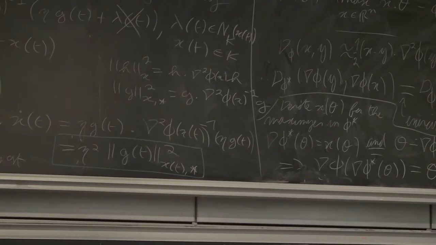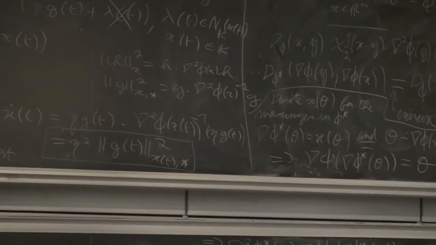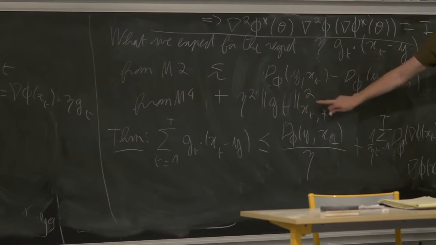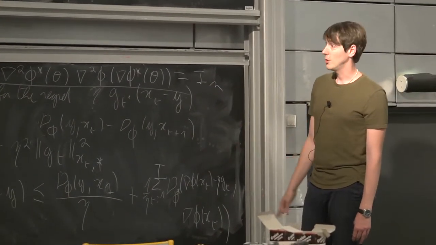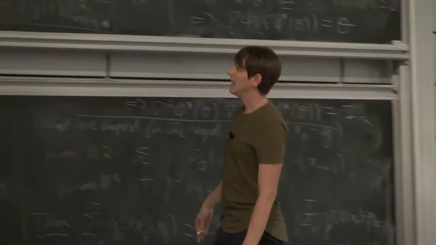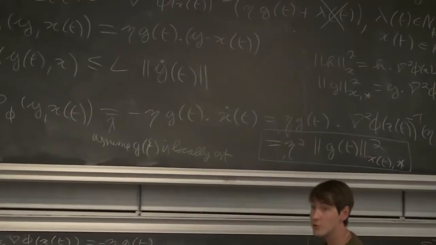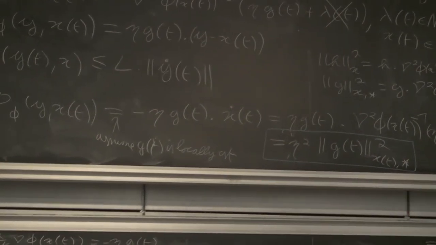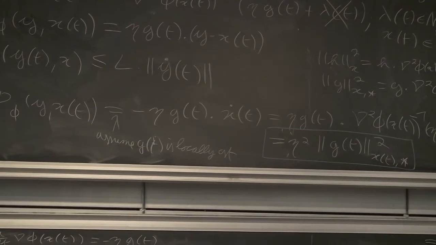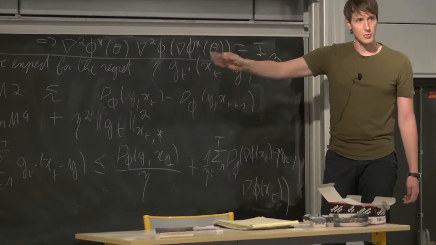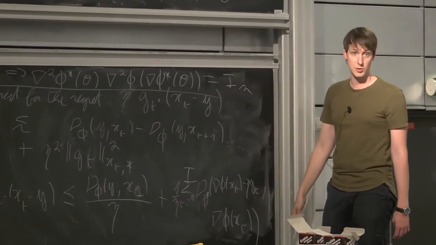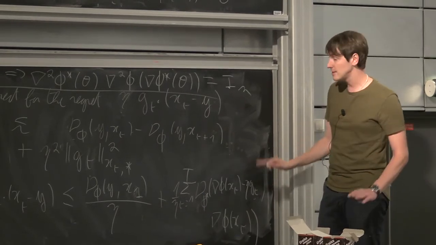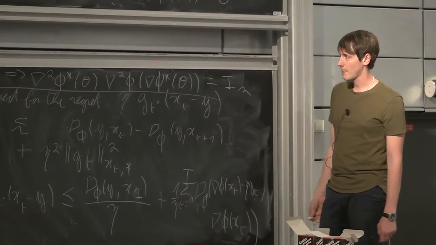So that term is basically the same as this one, up to a third order term. There was a second order term, but of course there is also a third order term. What's very nice with this theorem is that we don't need to talk about the third order, the fourth order, all of that. They are all captured by the Bregman divergence. The Bregman divergence is exactly the right thing that makes everything work.